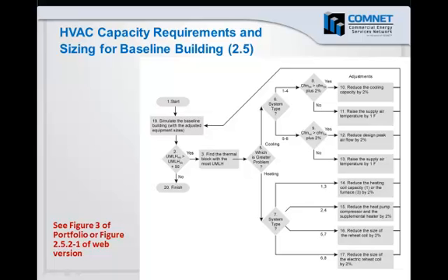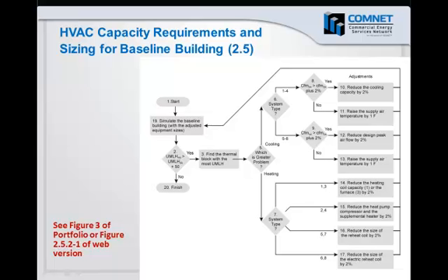But a special situation occurs when the unmet load hours of the rated building are 50 or more greater than the baseline building. And when this event occurs, the procedure in Figure 3, and this is Figure 2.5.2-1 of the web version, is triggered.